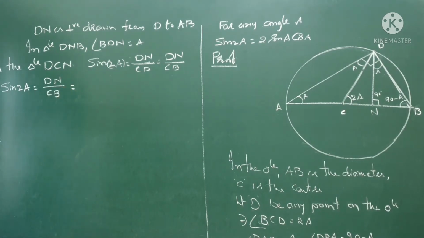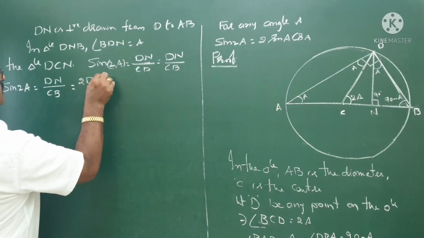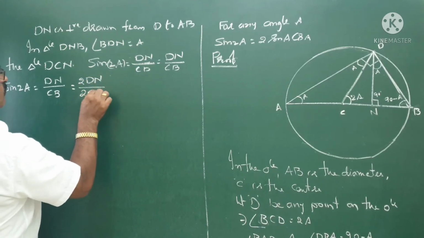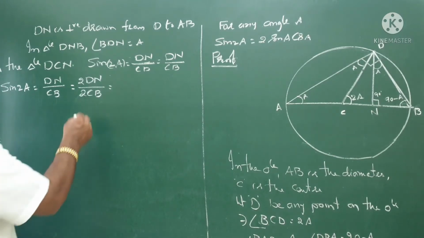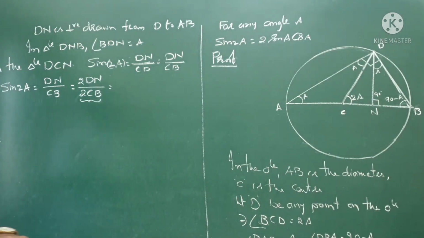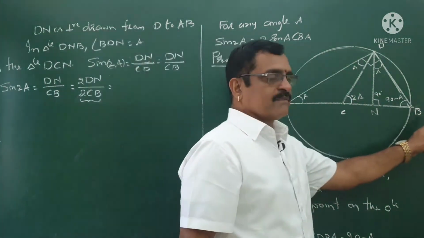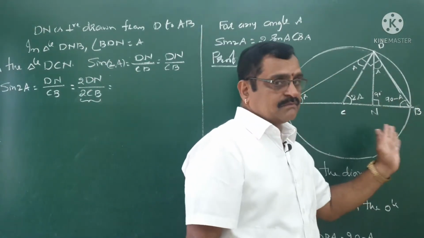So I do a small manipulation here. I multiply both sides by 2. The value won't change. In the place of 2CB, can I substitute AB? Yes, of course, because AB is the diameter and BC is the radius.